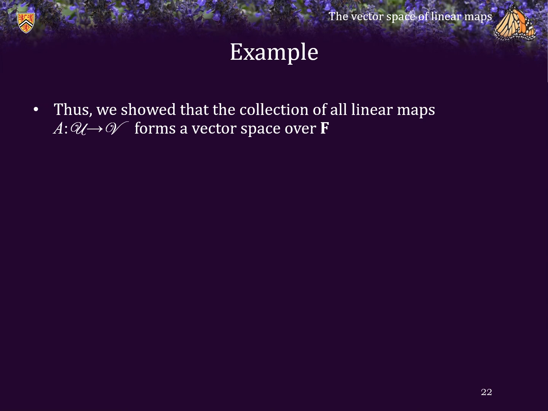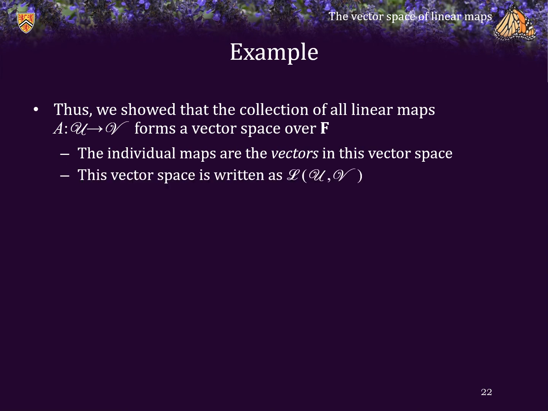Thus, we have now shown that the collection of all linear maps mapping a vector space U onto a vector space V forms a vector space over the field F. The individual maps in this vector space are the actual vectors. So we can add two linear maps together, and we can multiply a linear map by a scalar.